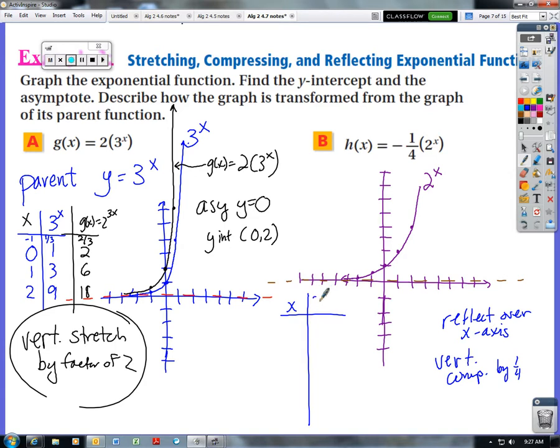X, this is going to be my parent 2 to the x. So we've worked with these a bit already. We know that that's 1/4, 1/2, 0, 1, 2, 4. Okay, so now let's go ahead and reflect it over the x-axis first. So I'll do that in pink.